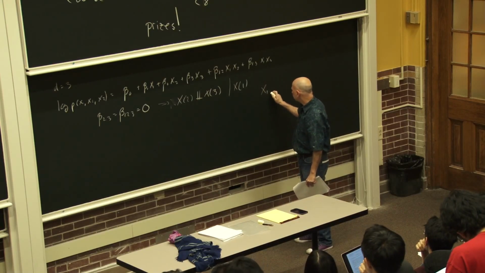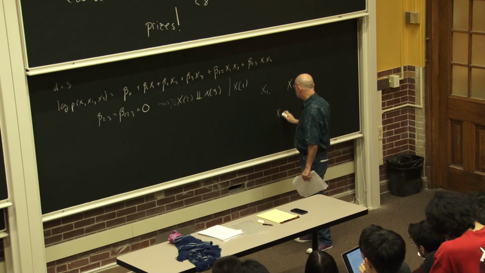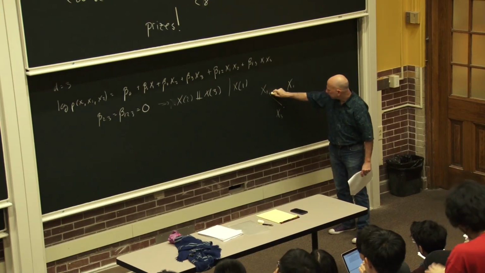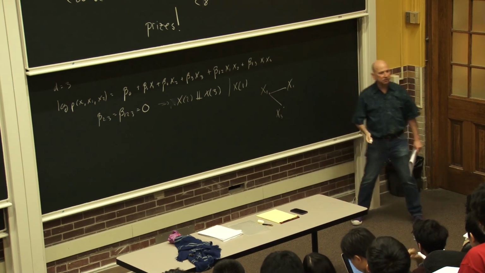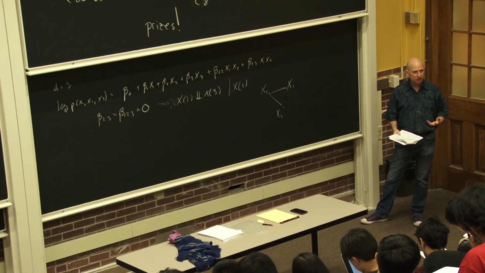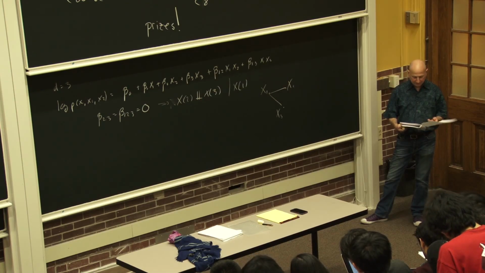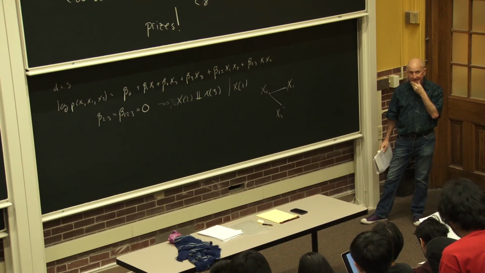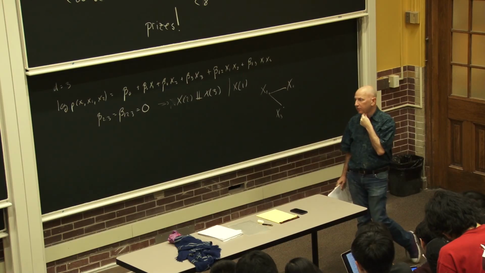The graph looks like this: x1, x2, x3. And x2 and x3 are conditionally independent, so I don't connect those. Because 2 and 3 never appear together, I just leave out that edge. So it's a very easy way to interpret the multinomial, and a very easy way to determine what the graph is.